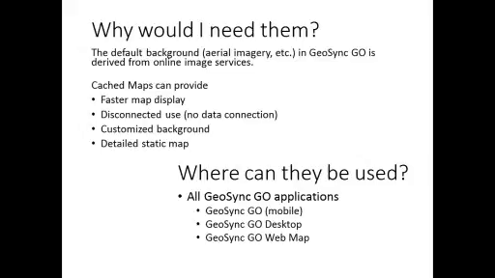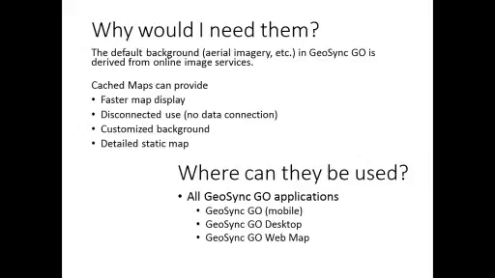And also, with cache maps, you can customize your own background, have your own custom view of your background map. And with one of the tools we'll see, you'll be able to create a detailed static map if you want.